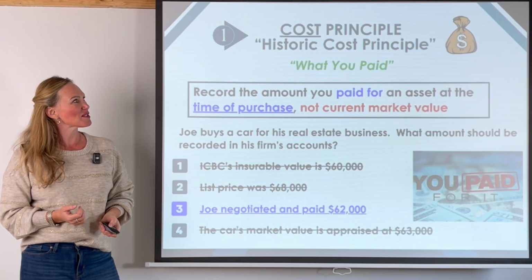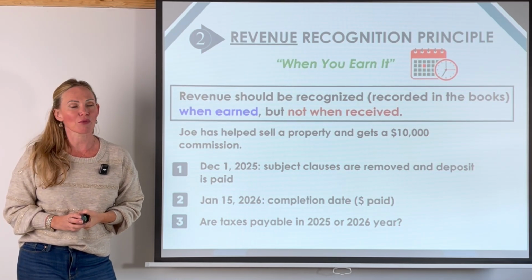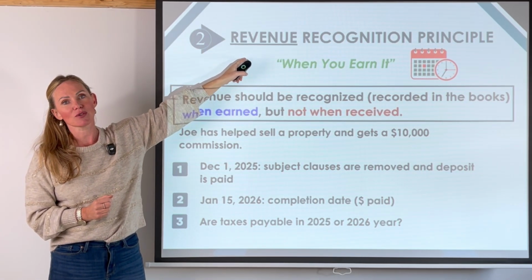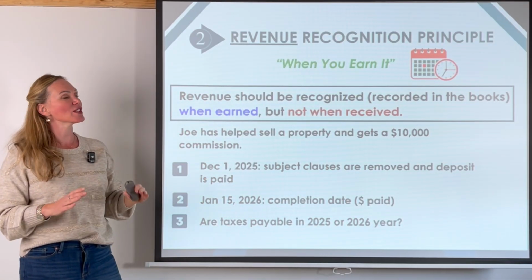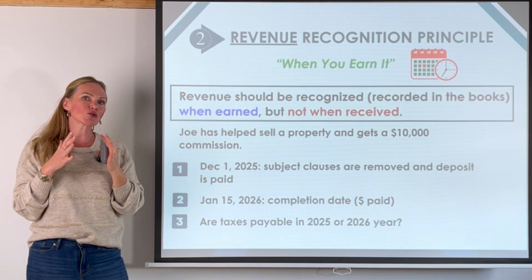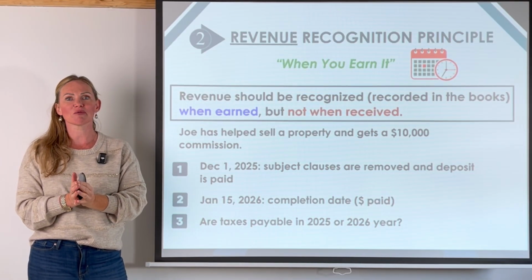The next principle is the revenue recognition principle. The keyword that I highlighted for you is revenue. It's about when you earn, and that is a tricky principle, especially when we deal with pre-sales.